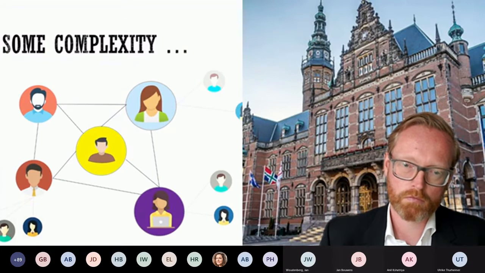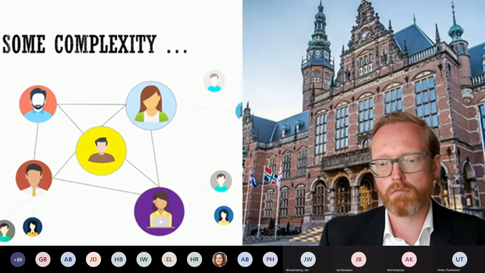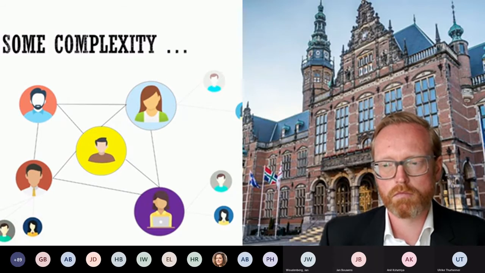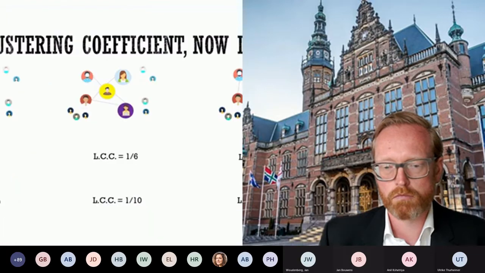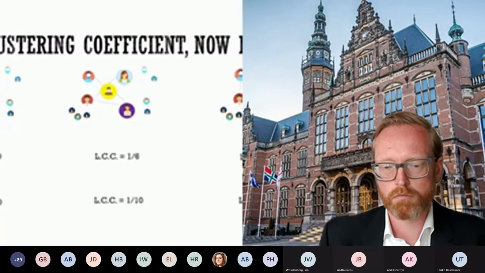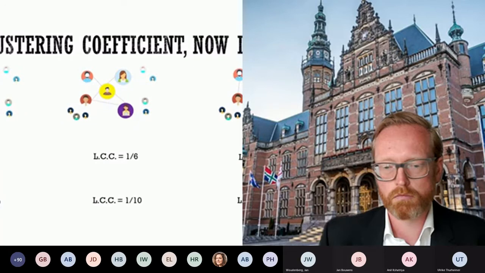Now, obviously, you can add some complexity. In this case, you can look at especially the bottom left-hand part. Here you see that the guy with the tie has some additional connections, which is in this case not relevant for the guy in yellow, and hence, in his case, you see no changes.